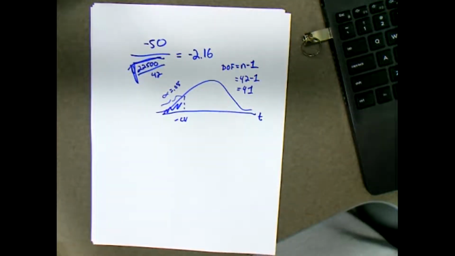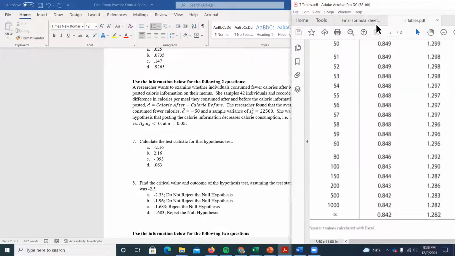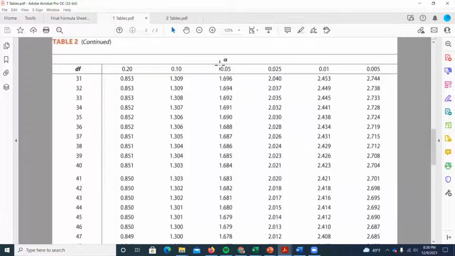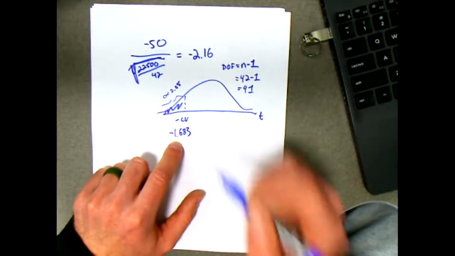So I go to that student t table. The area that I want in the tail is 0.05 at degrees of freedom of 41. So 1.683. However, remember it's a left-tailed test, so it's that same value, but negative.